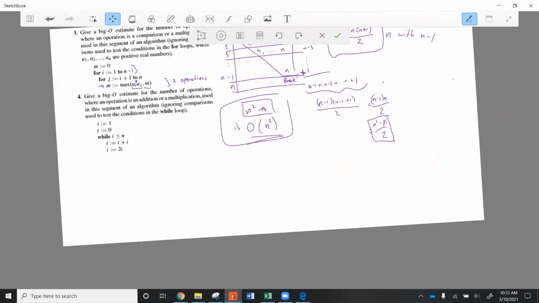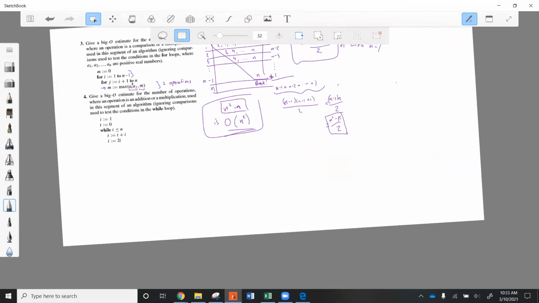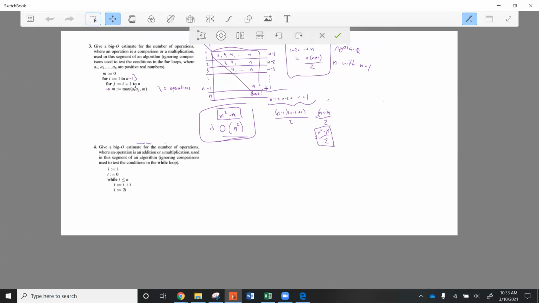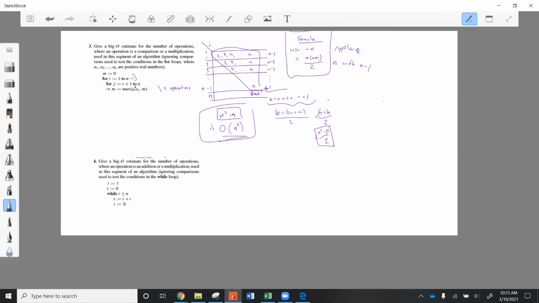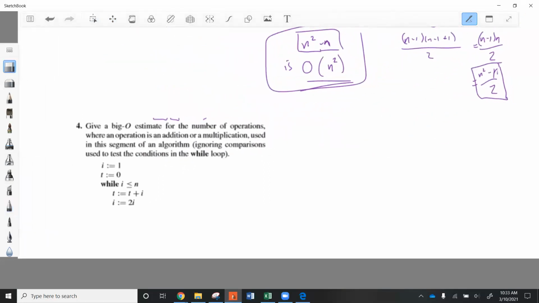Anyone else get anything different than n? It's not actually n. It is different from that. Is it log n? Yeah, this one is log n.